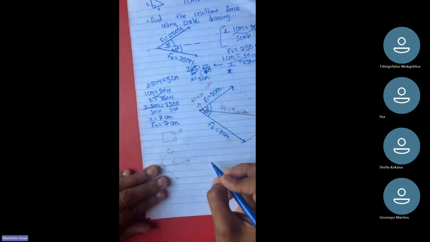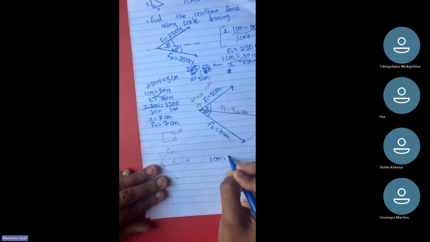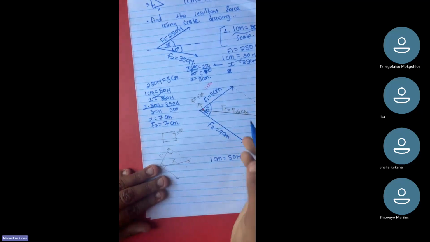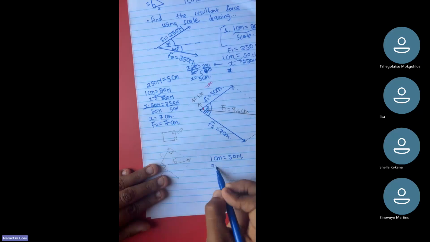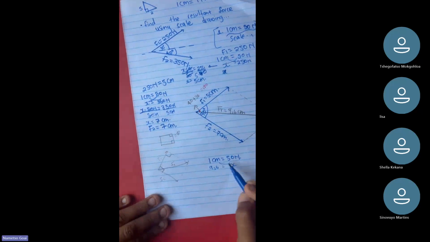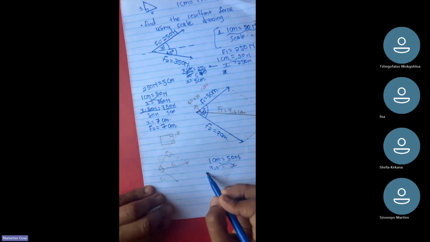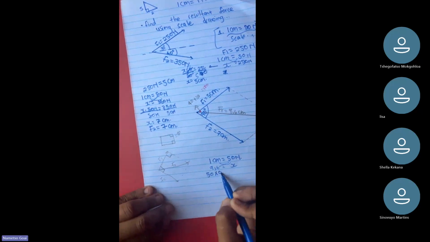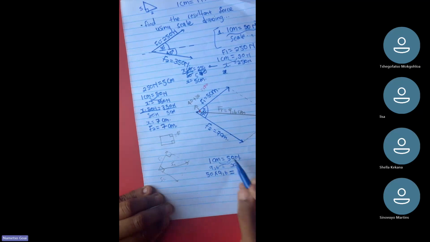But remember, in the scale we said 1 centimeter equals 50 Newton. So if we have 9.6, we have to find its magnitude in force terms, so we have to cross multiply. It's going to be 50 times 9.6 equals x.